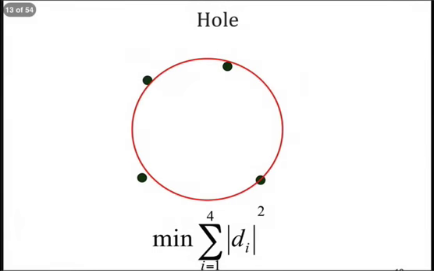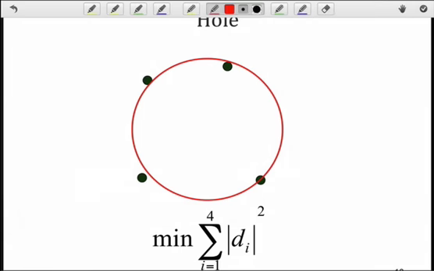Well, let's look at a hole feature, and we'll just look at it in 2 dimensions here. We might use a p-value equal to 2 based upon what we just did, and take the sum of square deviations of our individual 4 points from this theoretical circle. And we'll try to minimize that.